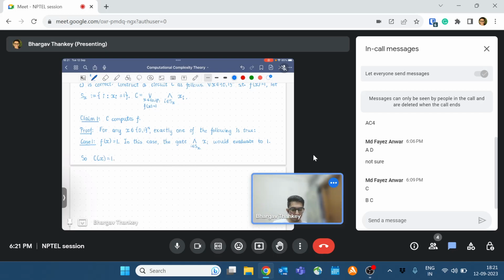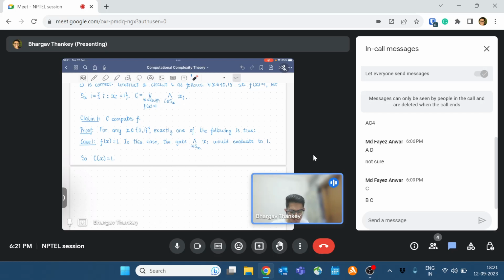Okay, so my claim is that in this case, this gate would evaluate to 1. First of all, notice that this gate is present in the circuit because it's an OR over all x for which f(x) equals 1. So this gate is present over here.